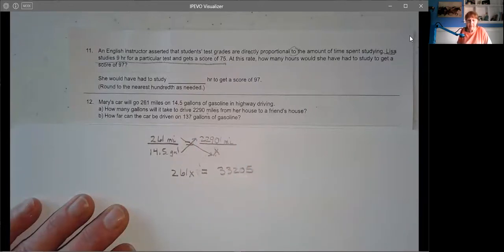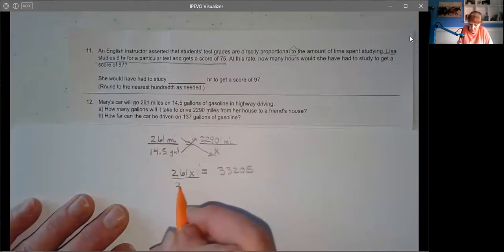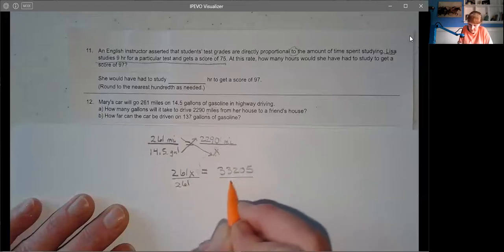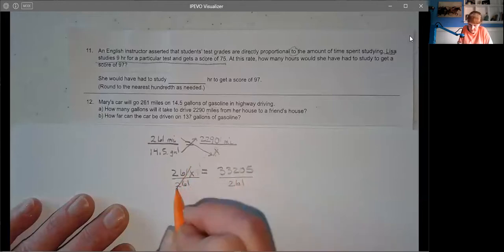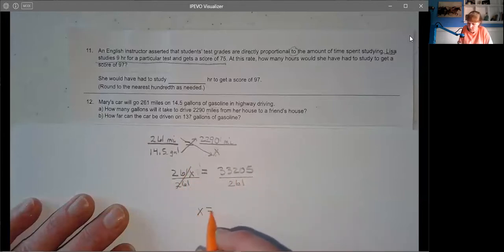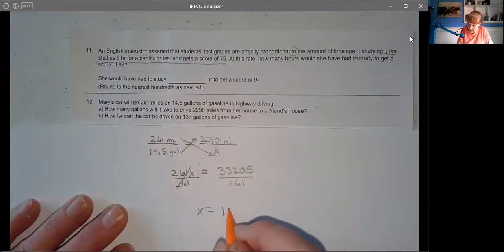All right, and then we'll divide by 261. X equals 33,205 divided by 261. This is 127 point, and it's 2 repeating.